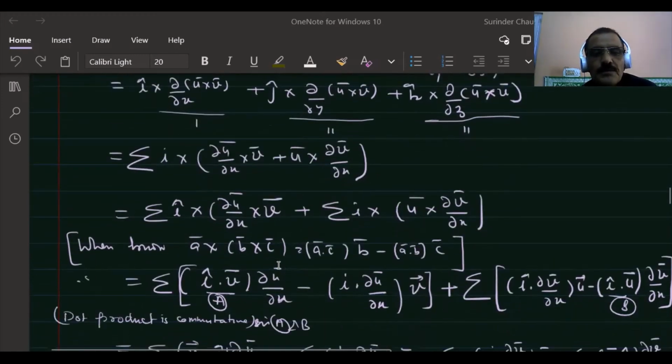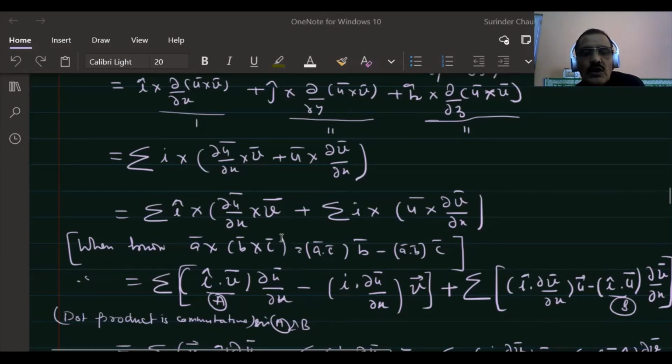Now in each term we have A cross B cross C, so we will apply the triple product of vectors.